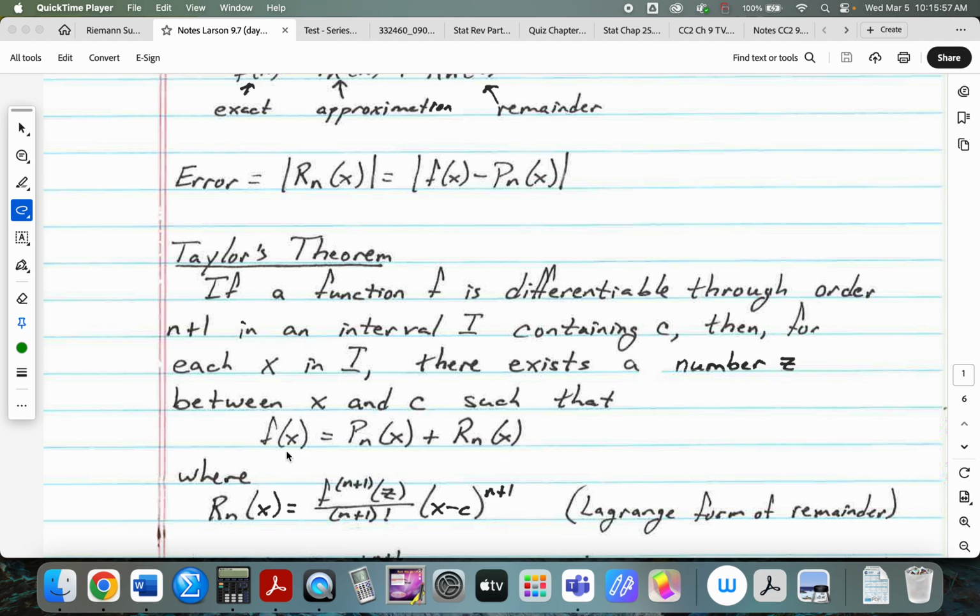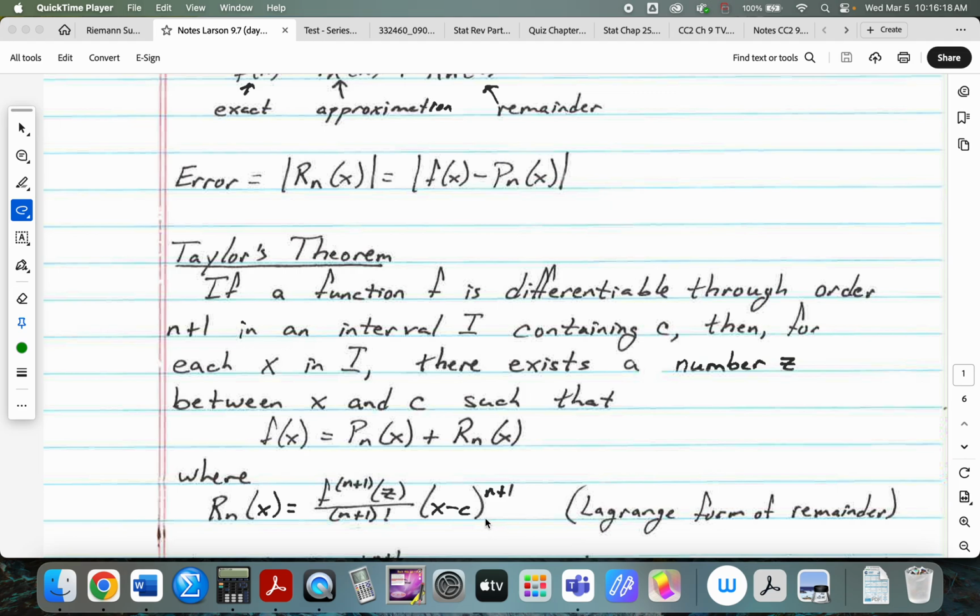That's just the value of the function is equal to the polynomial plus whatever remainder, where the remainder is equal to the n plus first derivative at z over n plus 1 factorial times x minus c to the n plus 1.